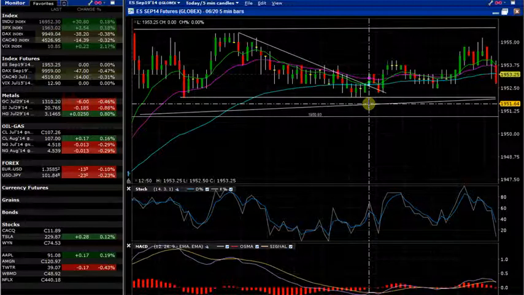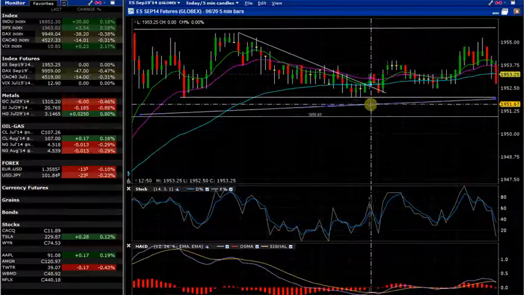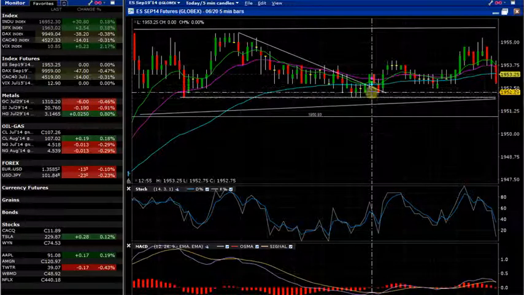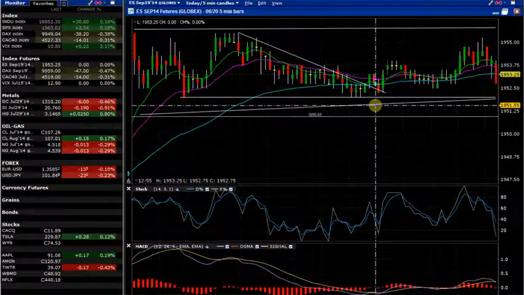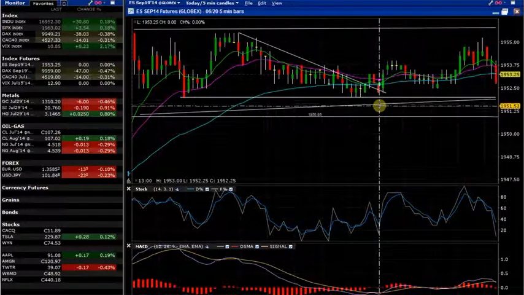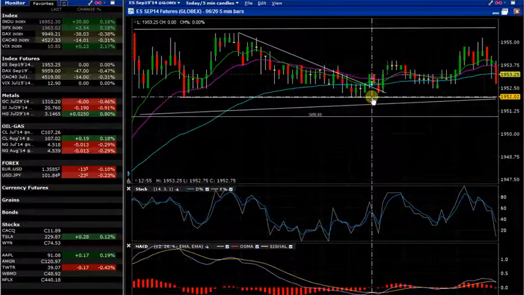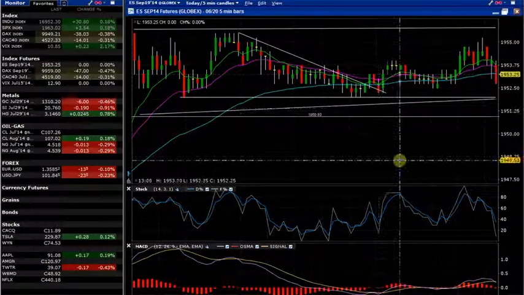So I wouldn't have got into this trade because the proof that it was breaking this diagonal down would have been about here. So you're looking for an entry short under this line. That's where the stops are going to get broken out and the downward trend is going to continue.